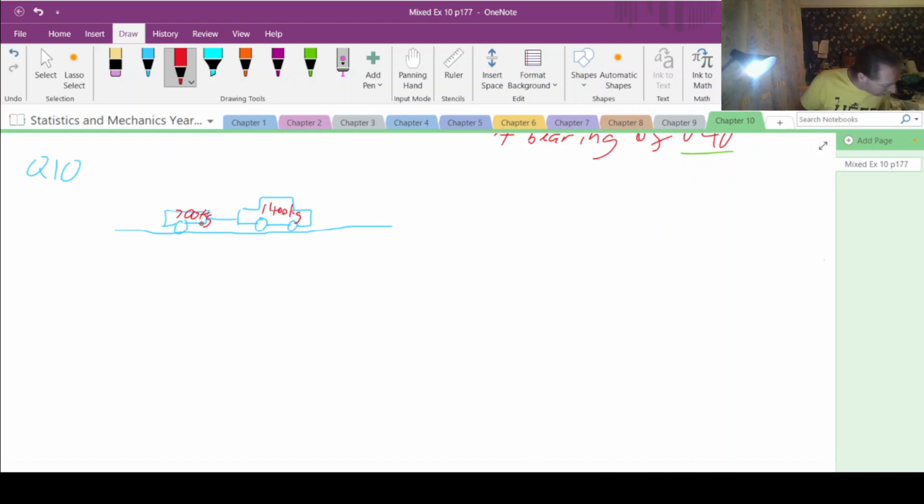The resistances to motion of the car and the trailer are assumed to be constant, and of magnitude 630 and 280 newtons respectively. The resistance to motion of the car is 630, and the resistance to motion of the trailer is 280.